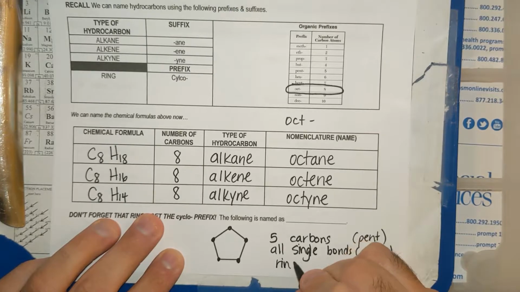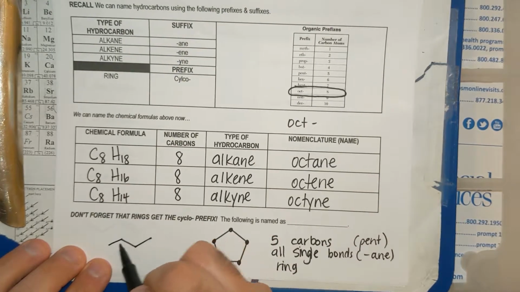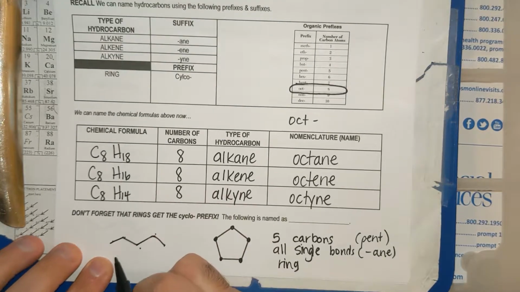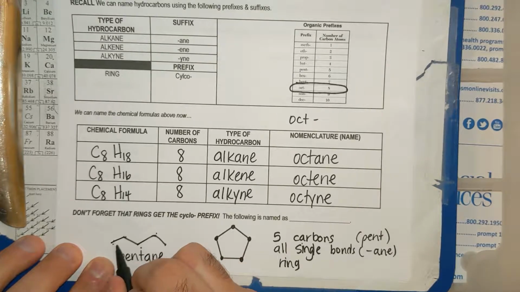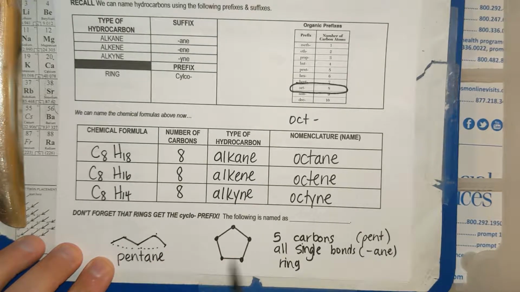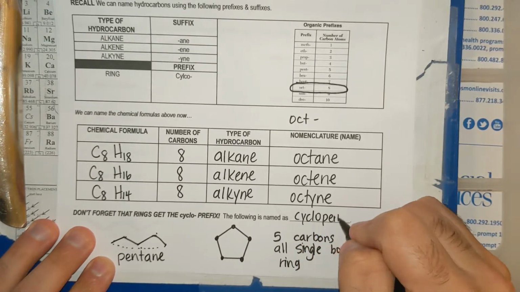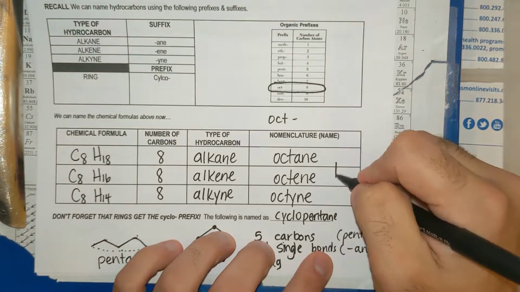And if it's a ring, it means that they all close together as opposed to 1, 2, 3, 4, 5. This is not a ring. They don't close. This would be pentane. But when these 2 carbons connect on the end, I get cyclopentane. And if I wanted to show you cyclooctane, it looks like a stop sign.